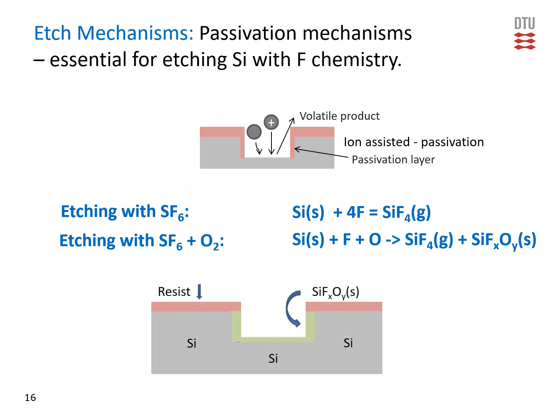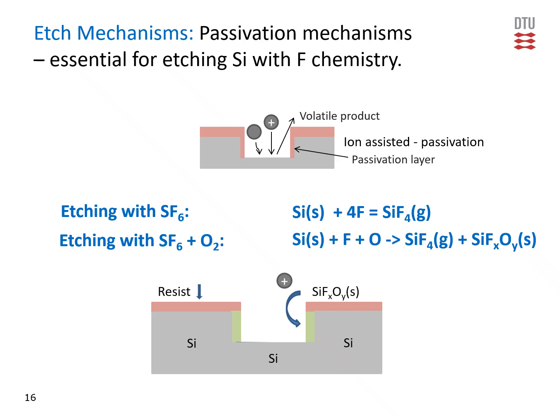And this solid will then form everywhere where we have opened up to the silicon, so it's both in the bottom and on the side walls. And then when we bombard the surface with the ions, it will remove the layer on the horizontal plane, but leave the side walls covered. And in that way we can etch down while covering the side walls.